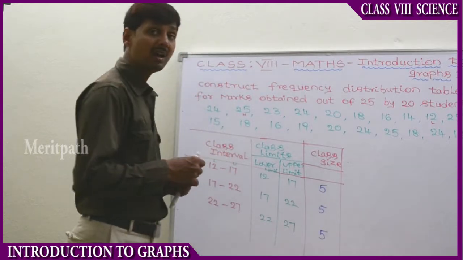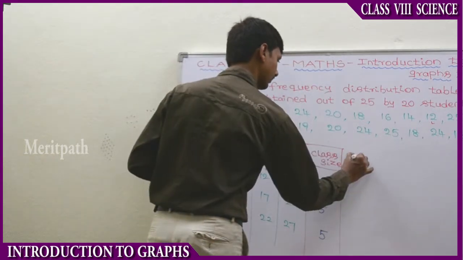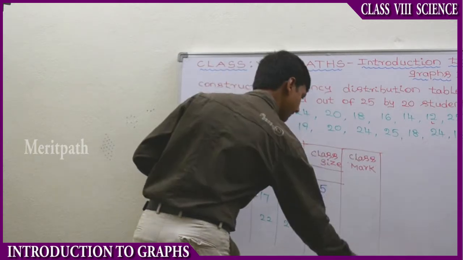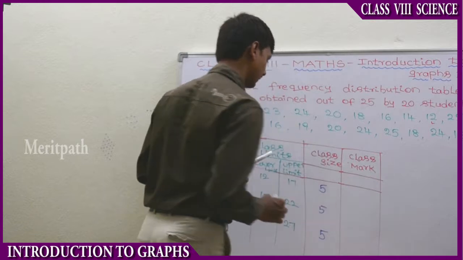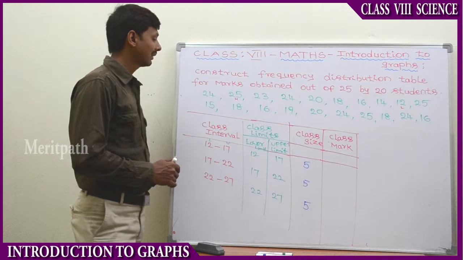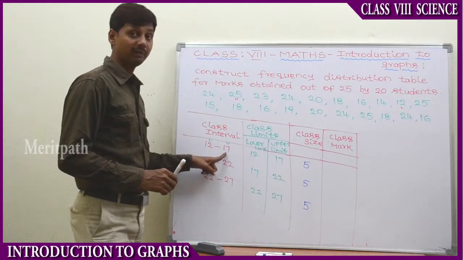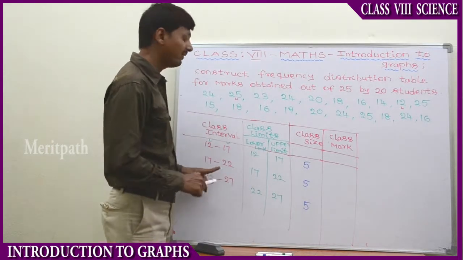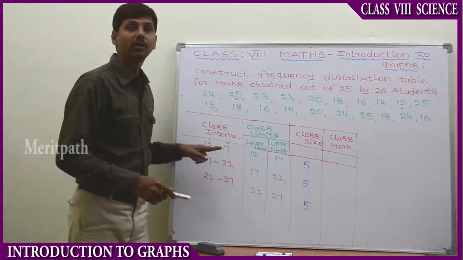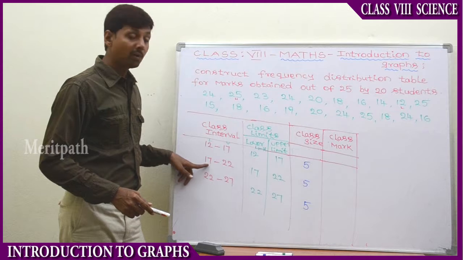We call class marks. Class mark is nothing but, so we got here the class size. Class size is the difference between lower boundary and upper boundary, which we have discussed, that is 5. Between 17 and 22 we take only 21 because the upper boundary of this class becomes the lower boundary of the next class.